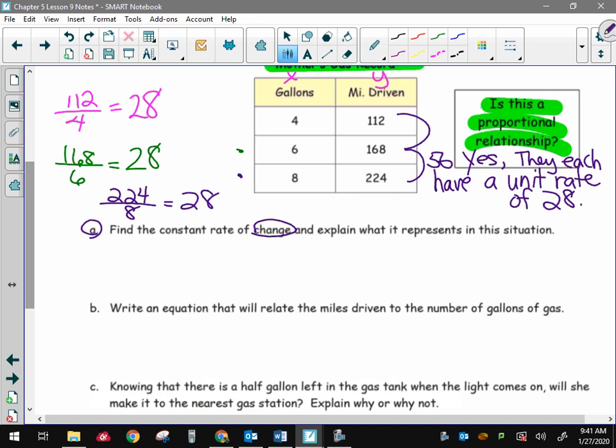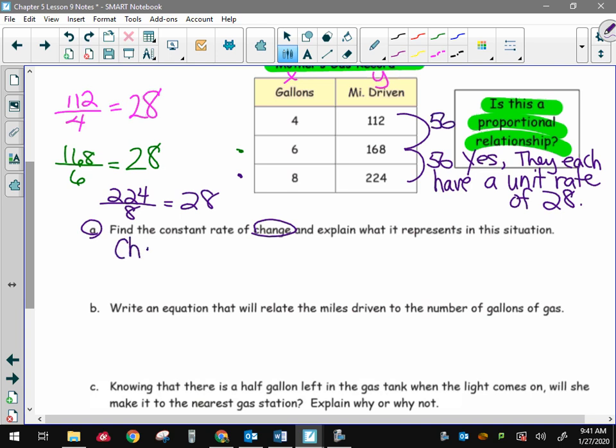What's 168 minus 112? Don't guess. Type it in. 56. Oh, I got it. 168 minus 112. Do it. Jackson. 56.